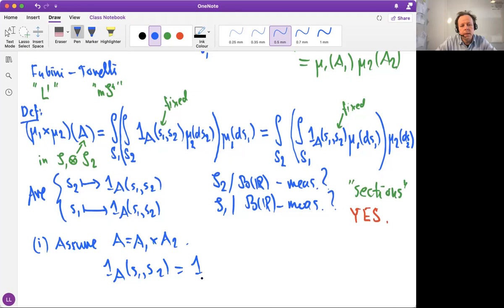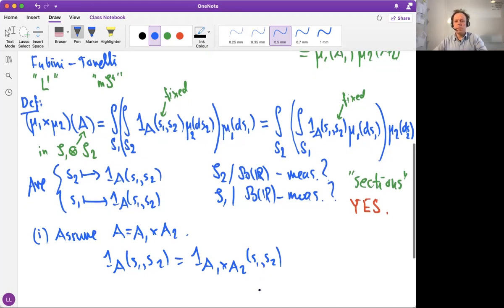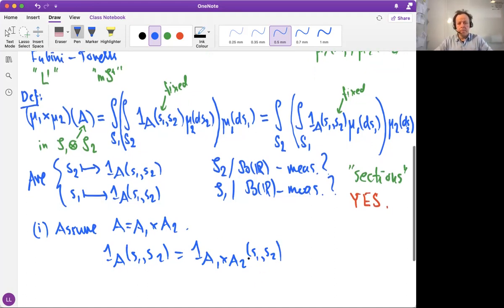So then this is an indicator of a product set, and this was probably in the quiz as well. So for a product set, this indicator means that S1 must be in A1 and S2 must be in A2. So actually we can write this indicator as a product of indicators.